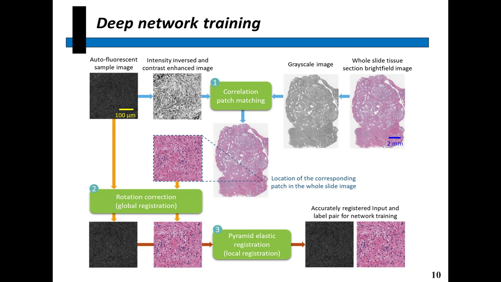Again, it's also very important to mention that we're doing a multiple stage registration, and we saw it's extremely important to get the highest quality of images between the result of the network and the matching ground truth, preserving all the features of the tissue.